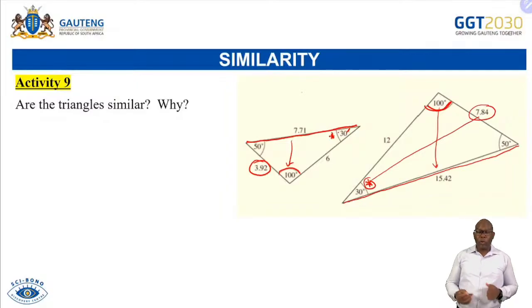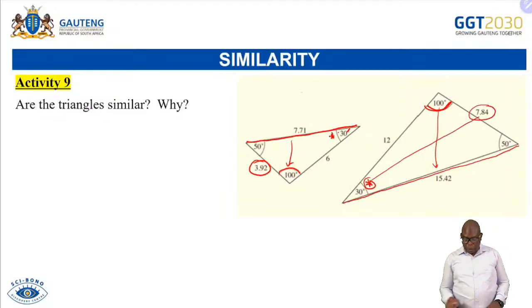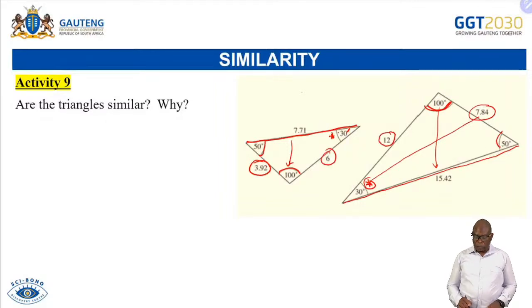So I can use equiangular, or I can use sides in the same proportion. So I'm just checking this. Then we have angle 50 there and angle 50 there. We have a 6 there. We have a 12 there. All right. I can quickly check.